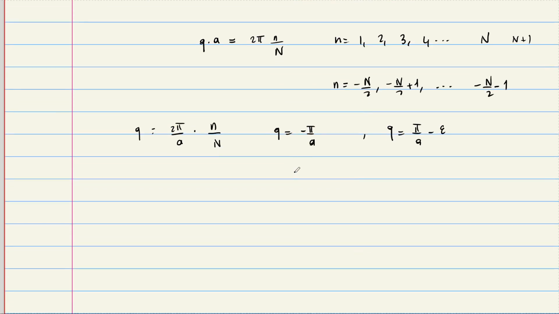Therefore, this q is defined inside this minus pi over a to pi over a. Good. And outside, it repeats itself, so there is no need to consider q's outside this region. And this is what we call the first Brillouin zone.